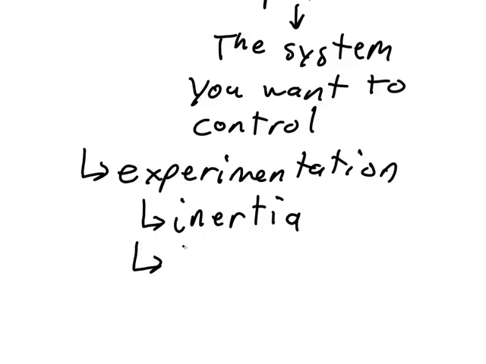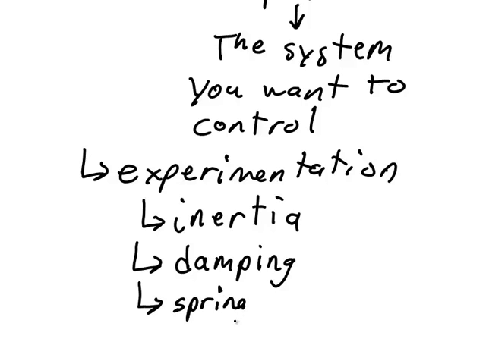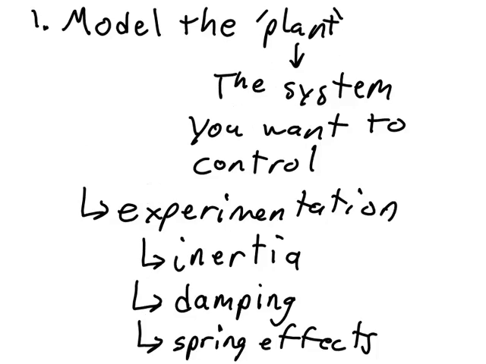Another parameter that describes the joint damping. And a third parameter that describes the joint's spring effects. By performing some simple tests to find out how the joint behaves, we can create a model of the joint behavior.